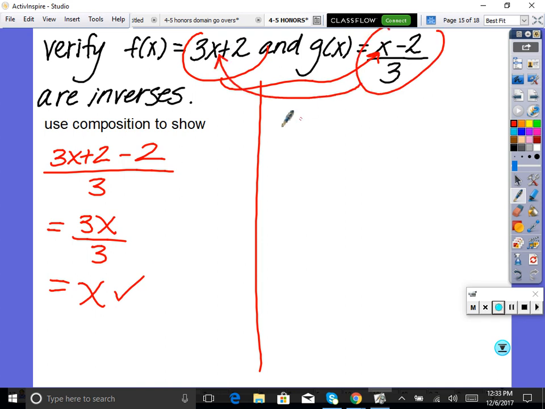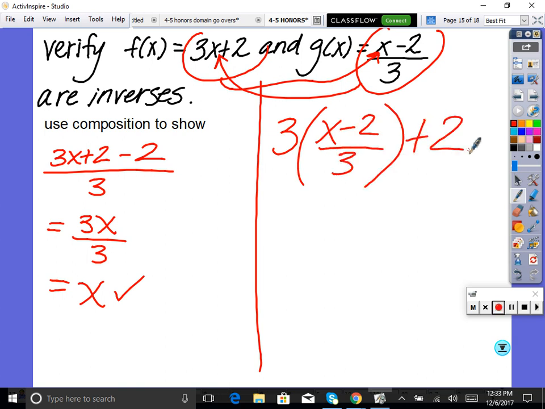Plugging in here, we have 3 times x minus 2 over 3 plus 2. If you do this and your algebra is wrong and you just happen to get it right, I'm marking it wrong. So think about simplifying this. Isn't that 3 over 1? Doesn't 3 divide by 3? X minus 2 plus 2 equals x. So it really does work.